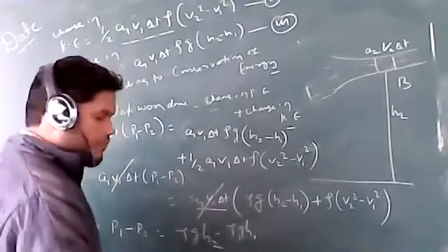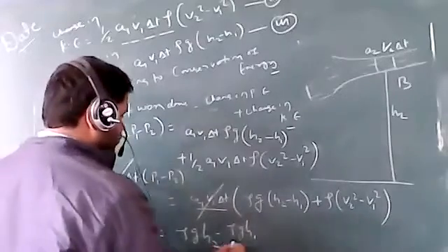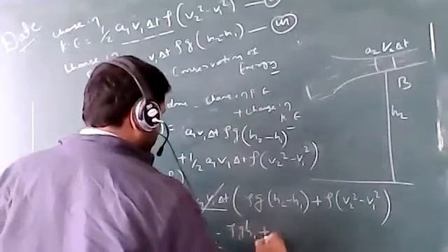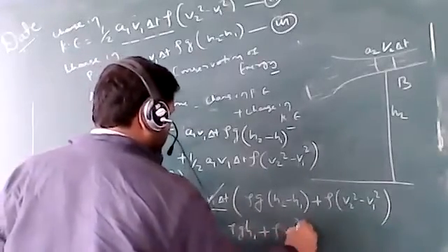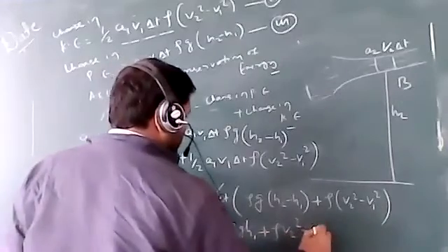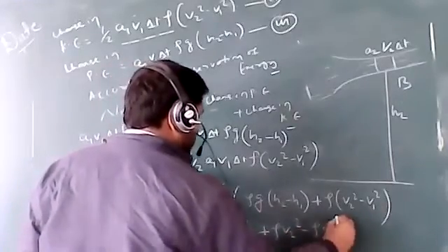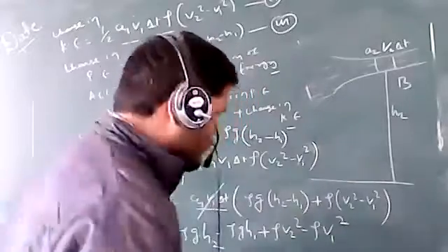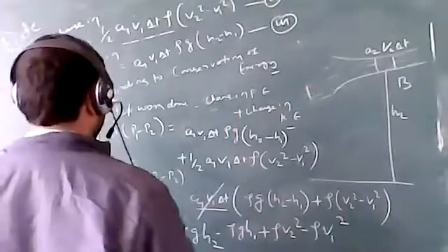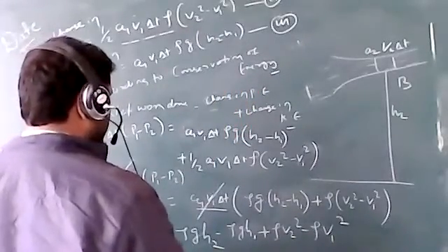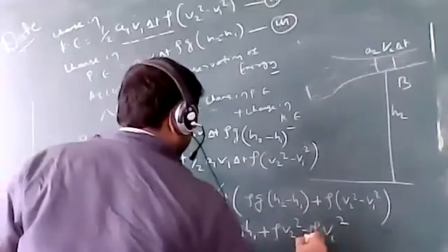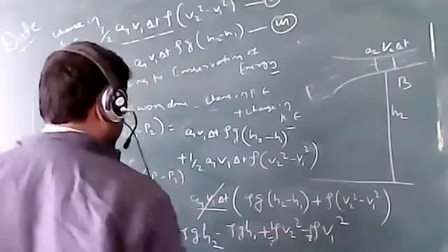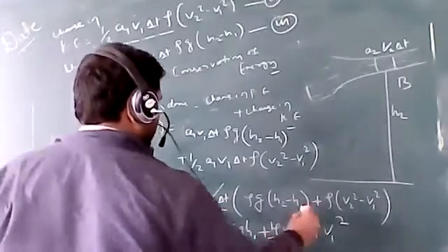plus rho V2 square minus rho V1 square. Okay, if you write this particular statement, half is also remaining there. So half into rho V2 square minus half rho V1 square.